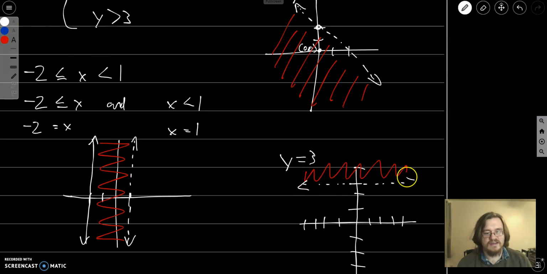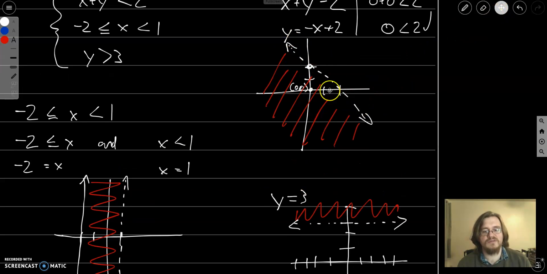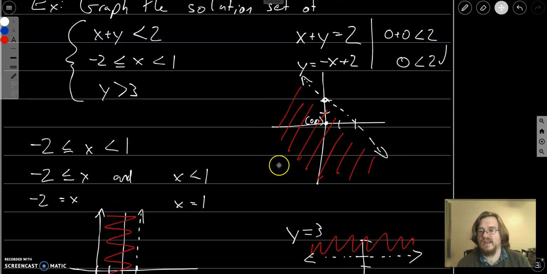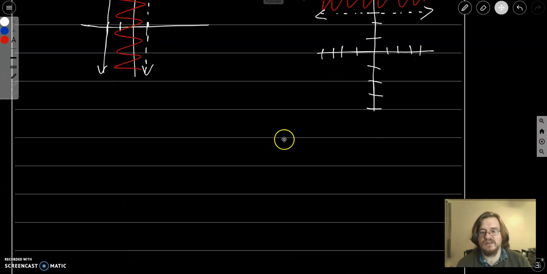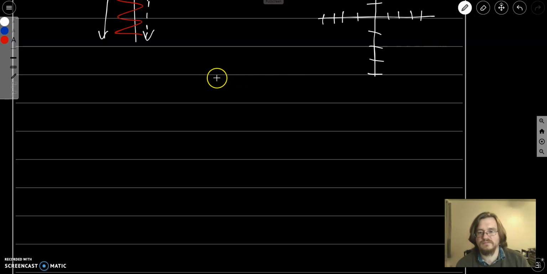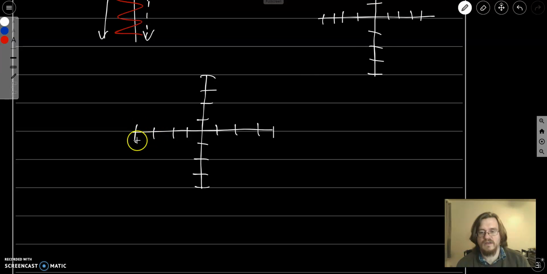Okay. So we have our three regions. We have x between negative 2 and 1, and y below the line y equal to 3. So let's graph this all together.